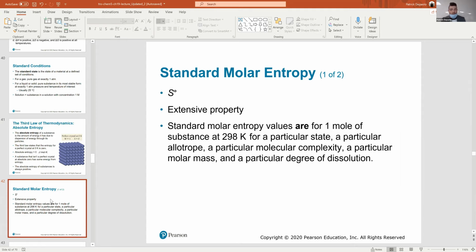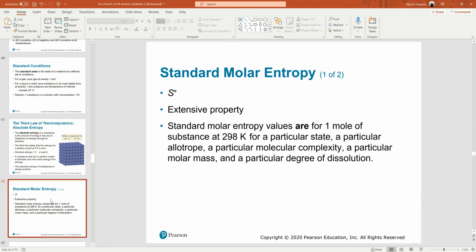For 1 mole of substance at 25 degrees Celsius, based on its state, its allotrope, I'll talk about that word in a minute, its molecular complexity, its molar mass, and its degree of dissolution, we can tell which substance has a higher molar entropy.